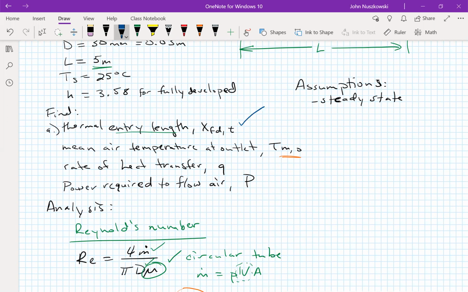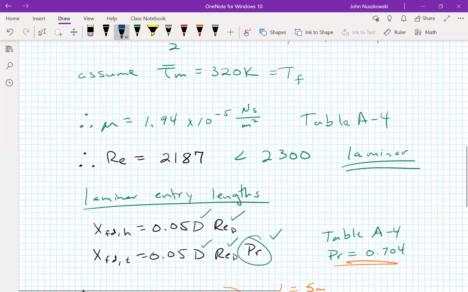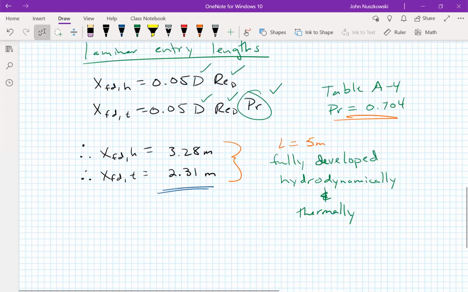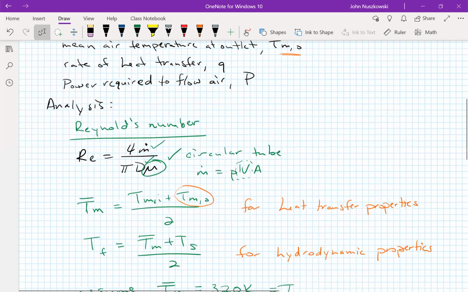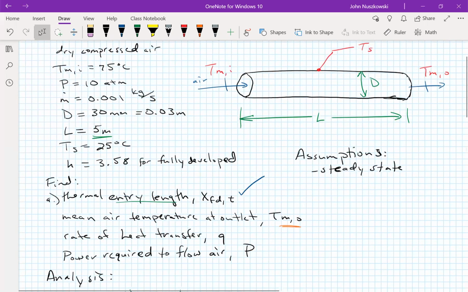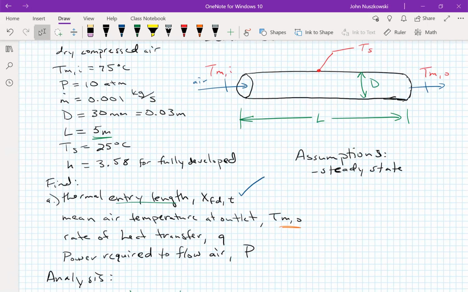Now, in this list of things to solve for, it asks for the mean air temperature at the outlet. So where would we begin for that? What situation do we have here?